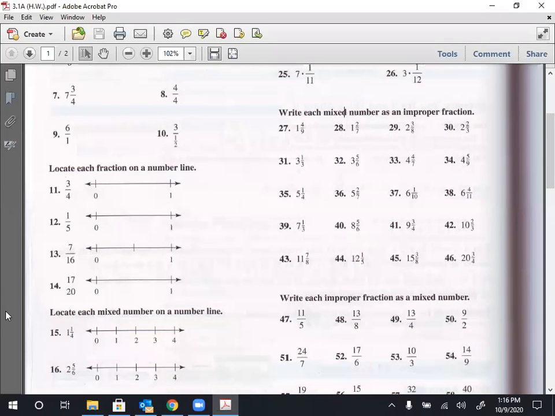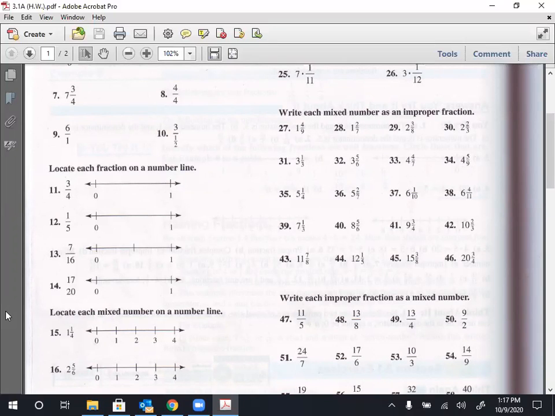That's 5 times 5. 5 times 6 is 30. And add 5 more, 35. So 5 times 7 is 35.